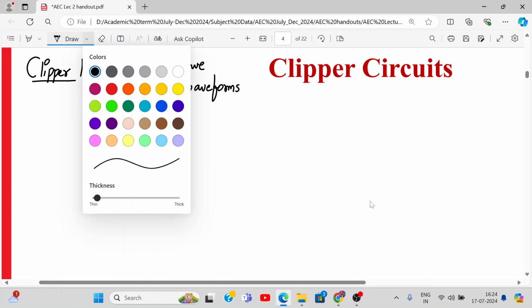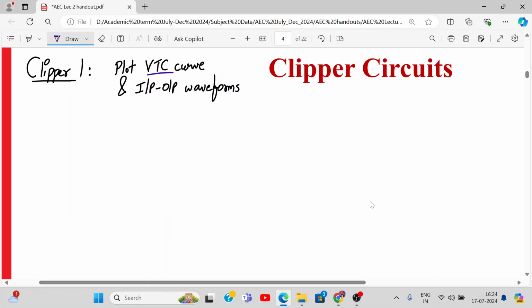Since we are writing it for the first time, VTC stands for voltage transfer characteristics.